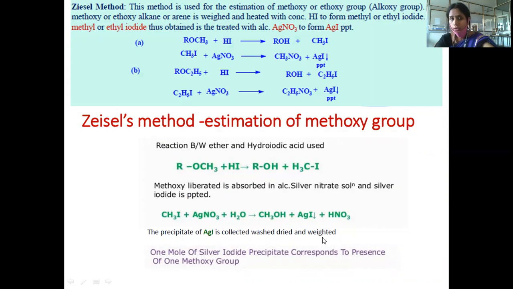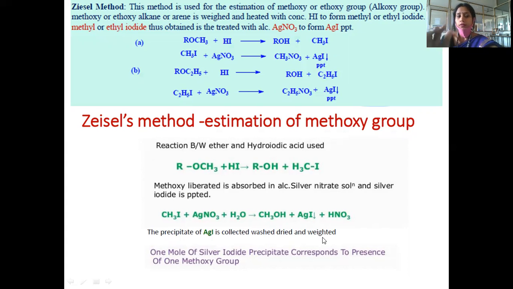Now there is another very important method called the Zeisel method. It is used for estimation of methoxy or ethoxy or the alkoxy group. First of all, the alkoxyalkane or the arene is weighed and heated with HI. It gives alcohol and alkyl halide. Then this alkyl halide is made to react with silver nitrate, so silver iodide will be precipitated.